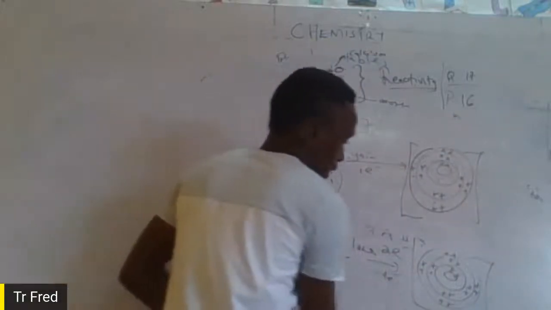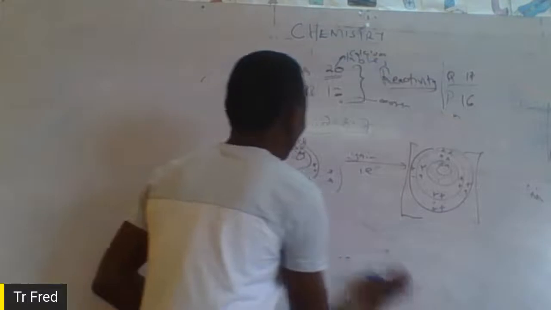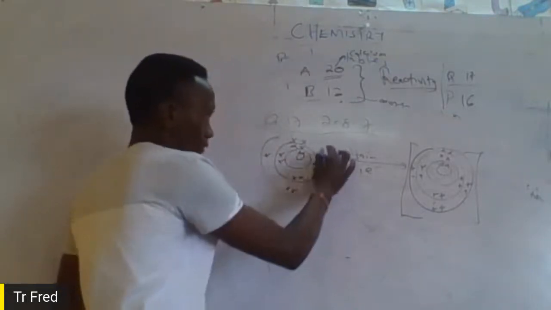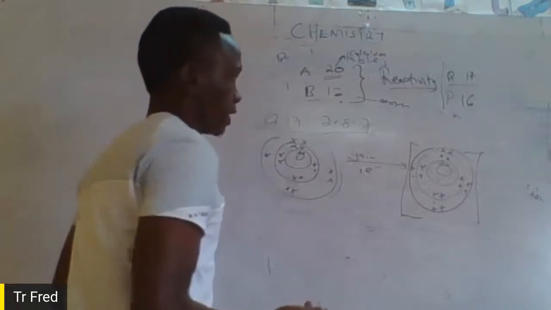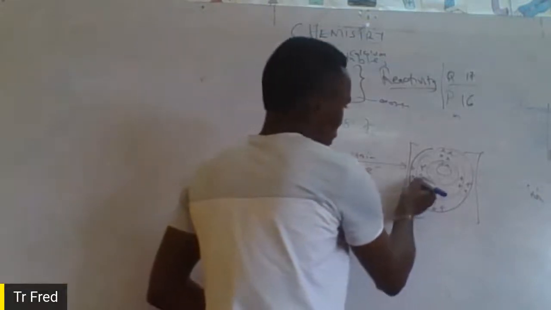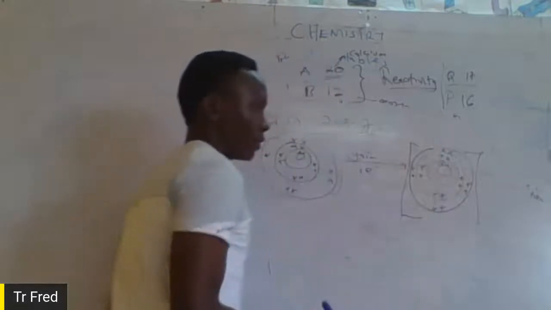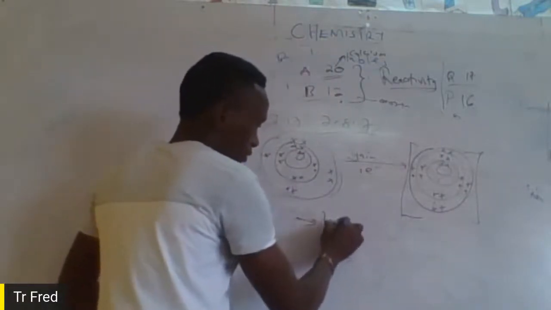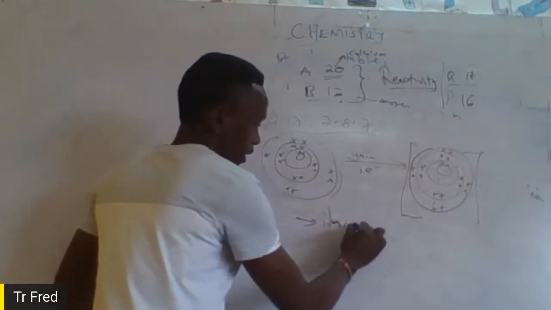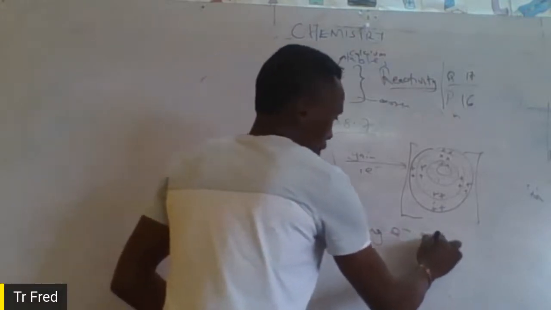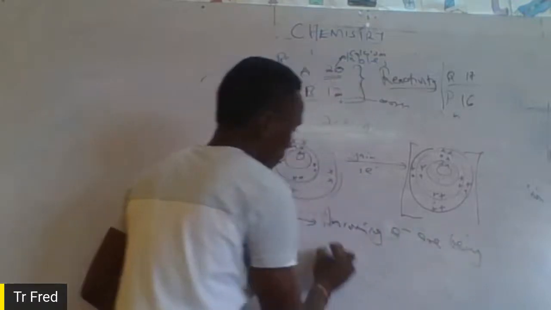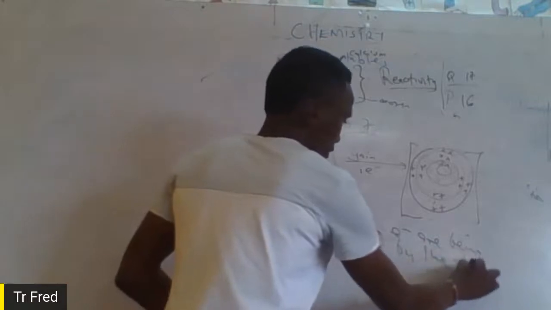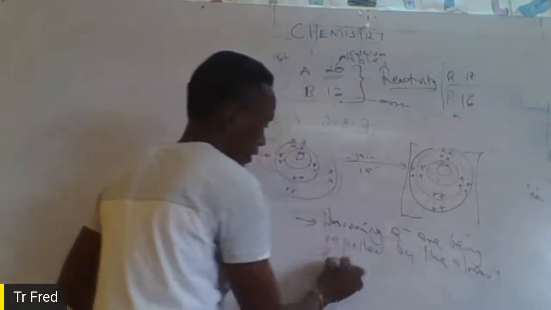Now, comparing the first diagram with the second, you find that the number of energy levels has not changed. They have remained constant. Therefore, there will be an increase in the number of outermost electrons. The argument here is that the incoming electrons are being repelled by the already existing ones.